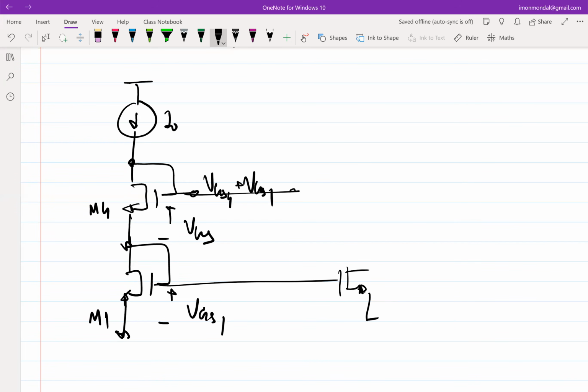And what was the whole purpose of generating this? The whole purpose of generating this was to bias the other transistor, right? Let's call this M3. Okay. Fine. This is just like a PMOS, is not a PMOS.